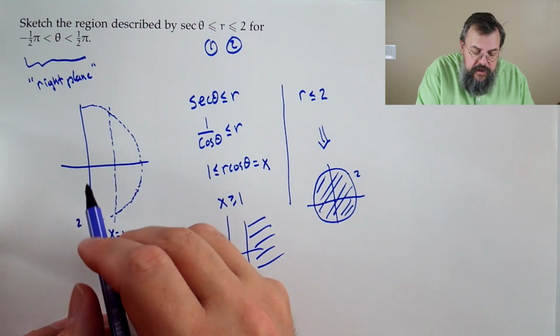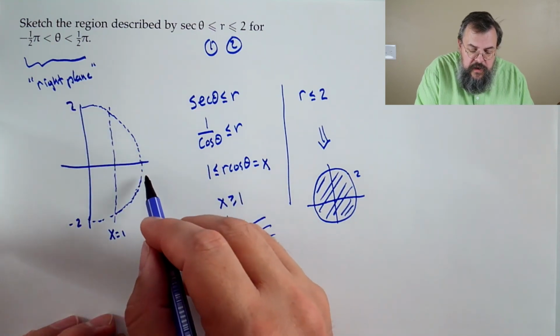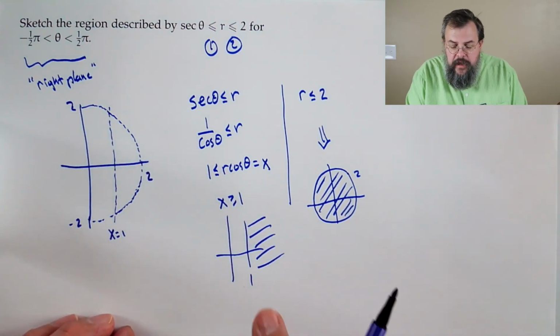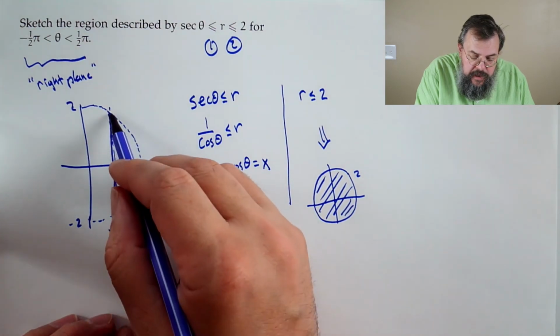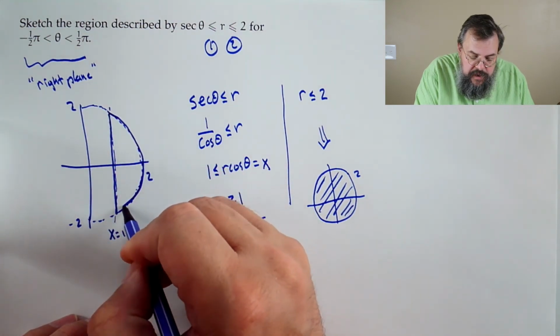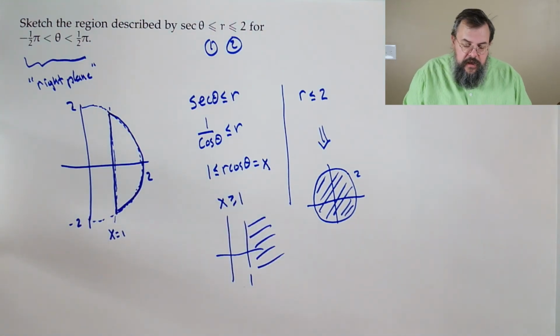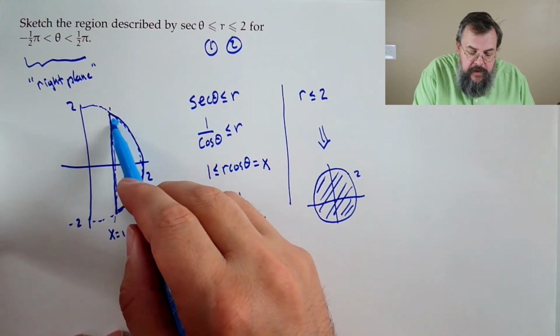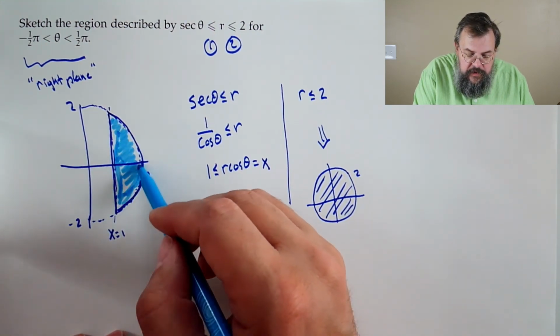Okay, there's radius 2. So minus 2, positive 2, and 2. And we say, okay, the overlap would look like what? Well, it's just a piece of our circle. And we'll shade to fill it in. And therefore, there's a sketch of our region.